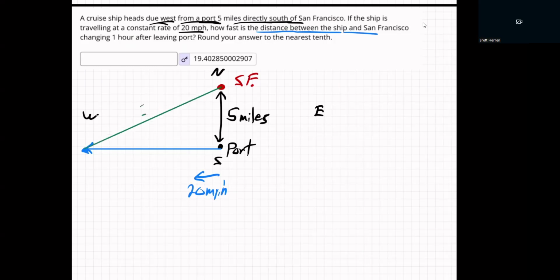Call that Z, that's the distance between the ship and San Francisco. Here's where the ship ends up. So the ship is going that way.